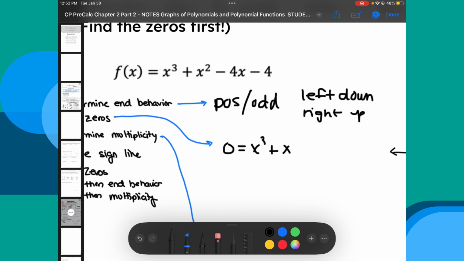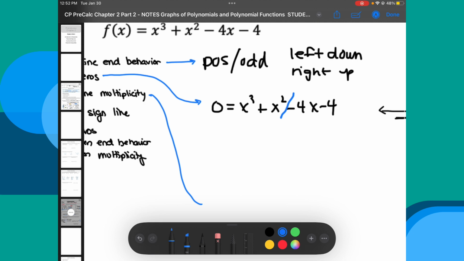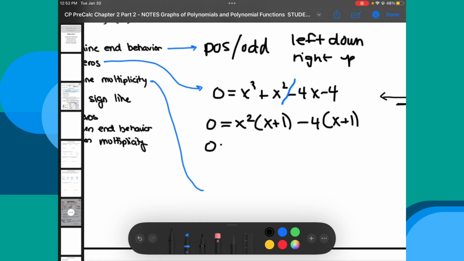I have 4 terms here. So because I have 4 terms, I'm going to use factoring by grouping. Because we're in standard form, I'm going to factor. So we have x squared and then x plus 1. Factor out a minus 4, x plus 1. We have x squared minus 4, which is a difference of perfect squares. So I'm actually going to factor it again.